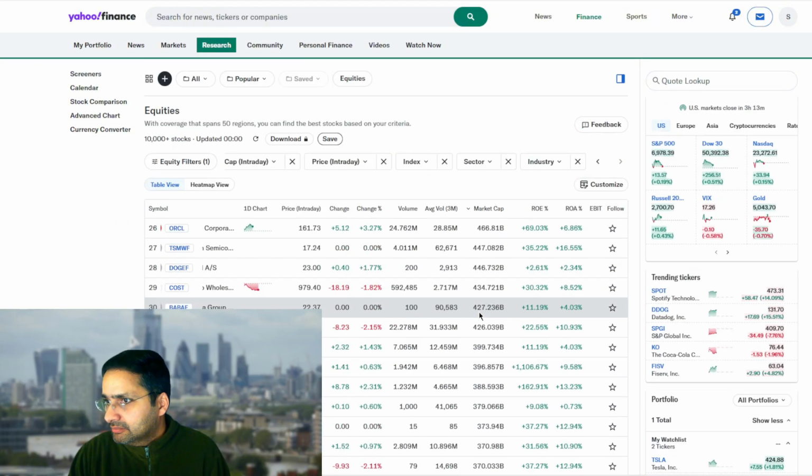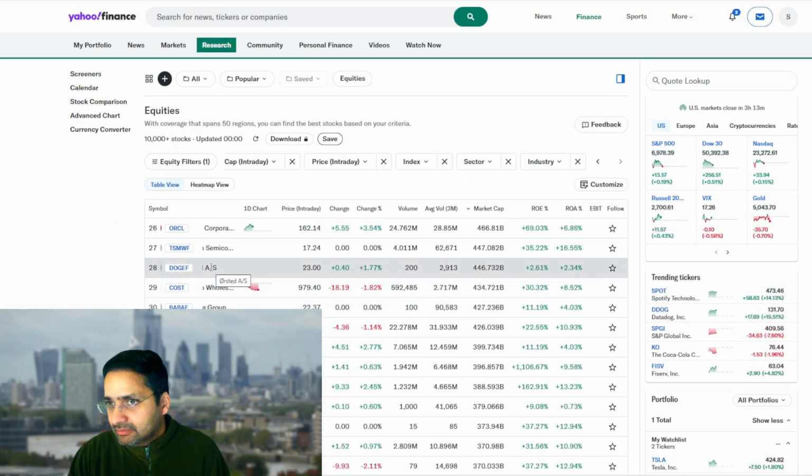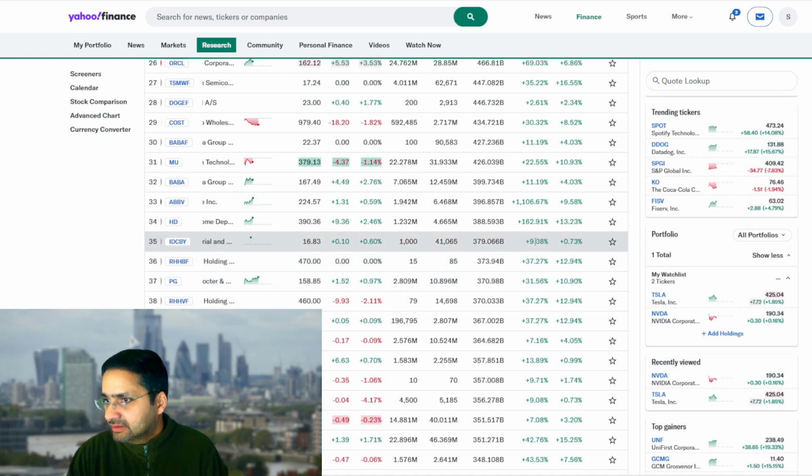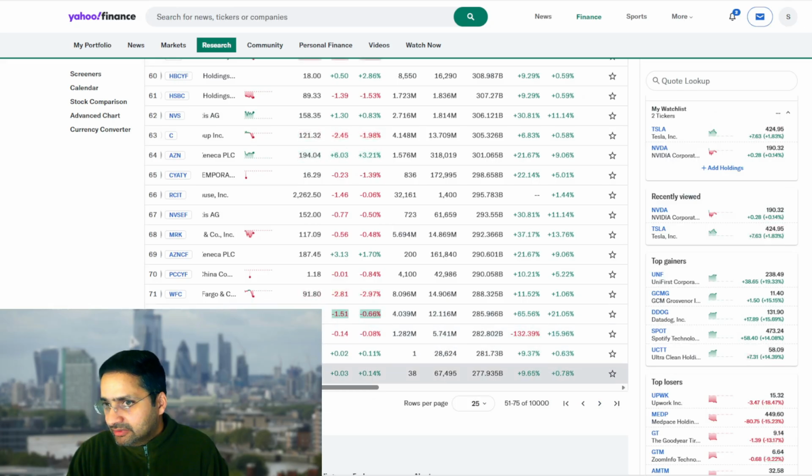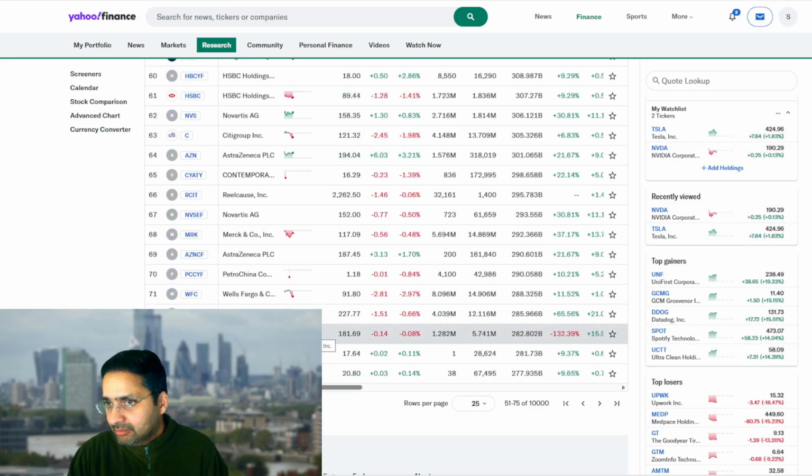So this company, for example, has returned 2.61% on ROE. So that has done pretty bad. Now this company, for example, Philip Morris International, has gone down to negative 132.39. So as you can imagine, it's terrible.